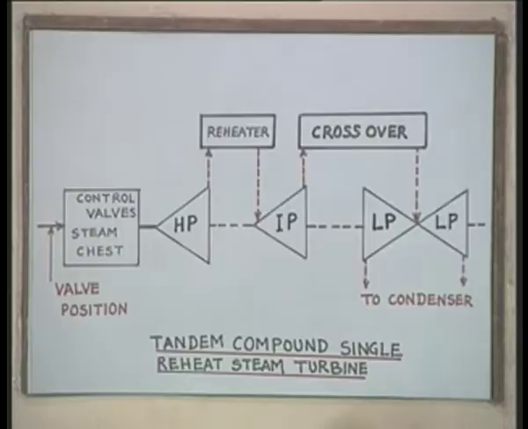Now, let us come to the actual steam turbine representation. So far as the steam turbines are concerned, we have different configurations. It all depends upon the rating of the machine. Now, this block diagram represents the simple tandem compound single reheat steam turbine.